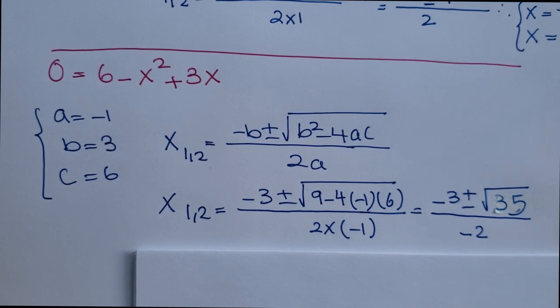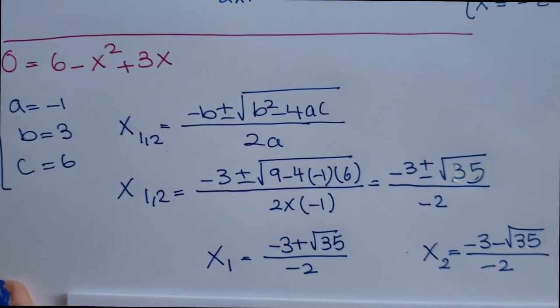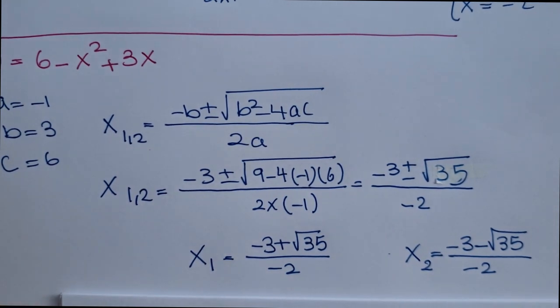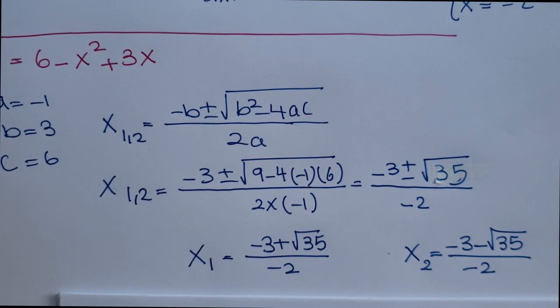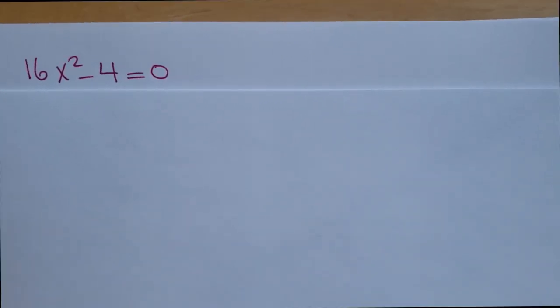And then remember, you would have two answers. One answer would be -3 plus radical 35 over -2. The other one would be -3 minus radical 35 over -2. And then if you want to find it in decimal format, you can put it in the calculator and find the two answers.